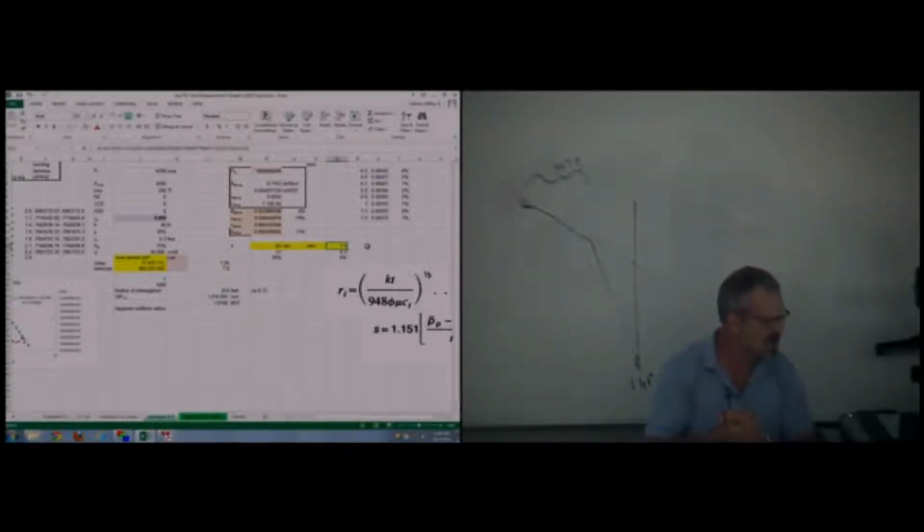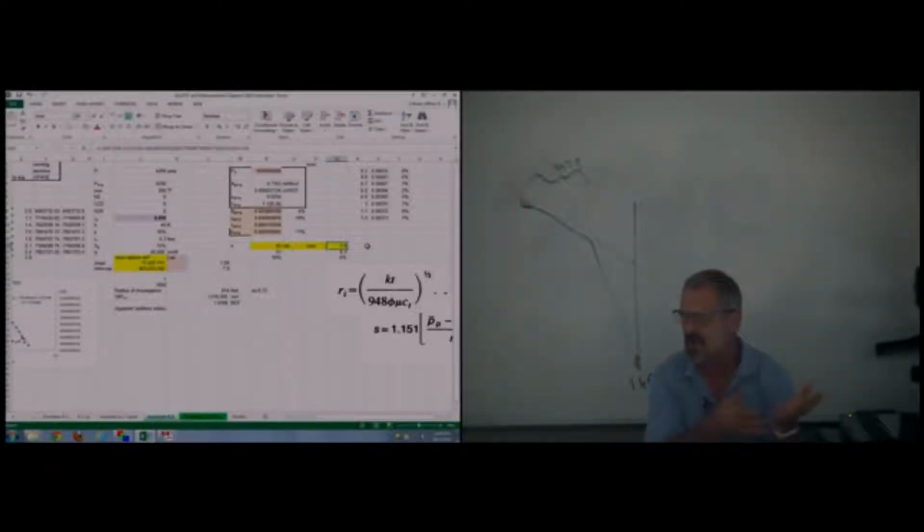There's other things you can do, like you can calculate the flow efficiency based on the skin, and you can calculate a hypothetical rate. And one of the ideas of this problem is to look at the rate, look at the perm, and continue on using correlations and see how much of this was non-Darcy flow.